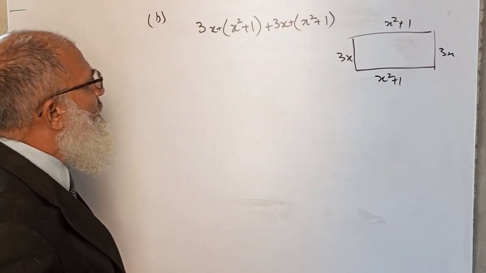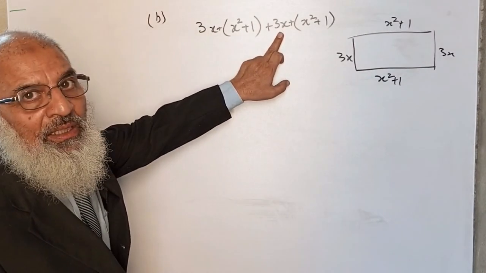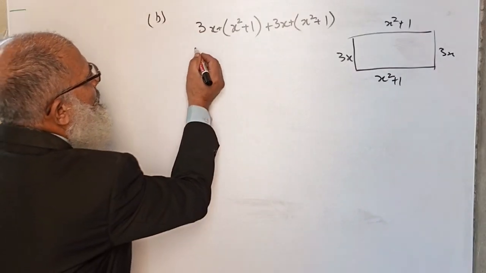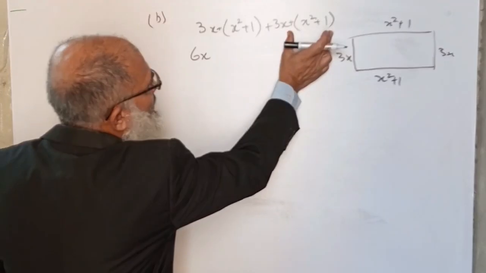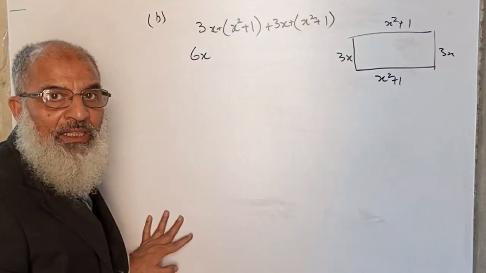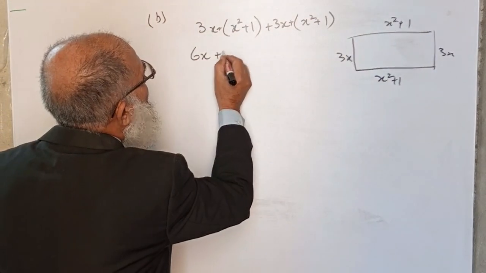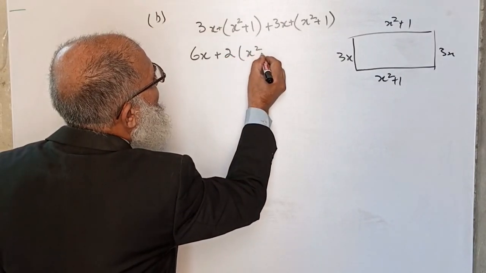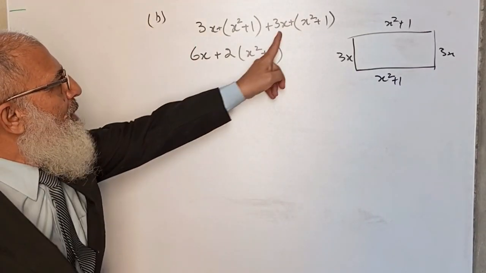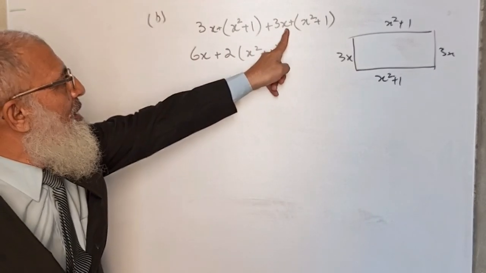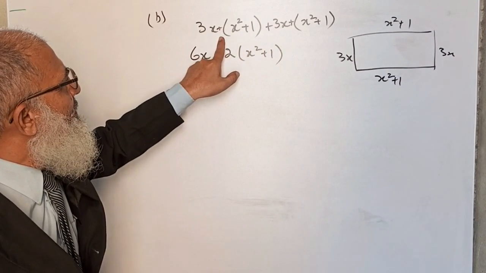So how can we do it? You see that this 3x can be added with this 3x. So we can write here 6x, and now this expression and this expression are the same. In fact, these are the lengths. So what we do here, we write 2 times x square plus 1. 3 plus 3, 6x plus, now this is added with this.